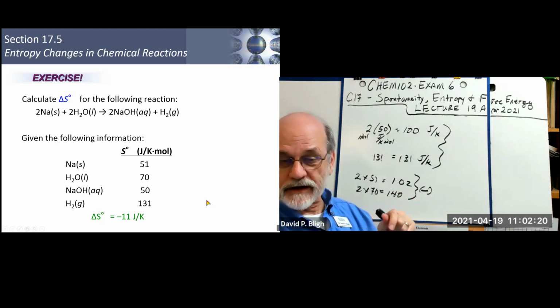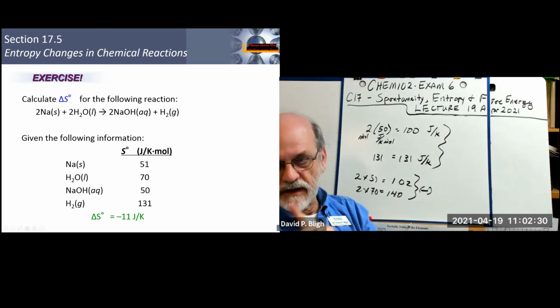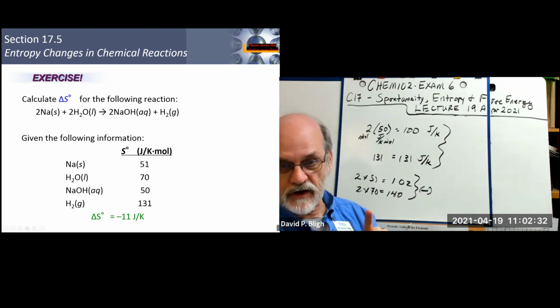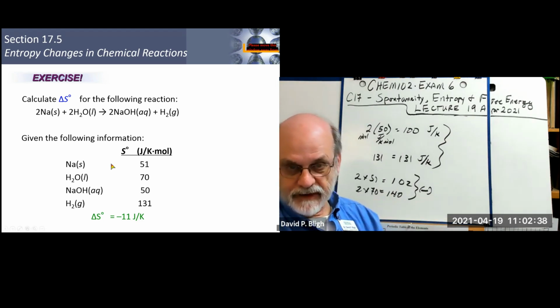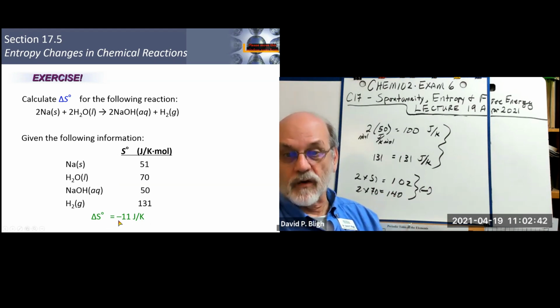So under standard conditions, the entropy for this reaction is negative. And that's the system. Remember, if we don't put a subscript here, it's the system. So we can't say whether it's spontaneous or not. The system entropy has gone down.